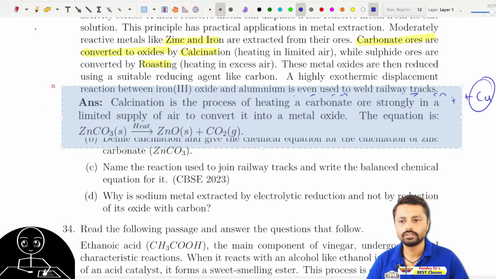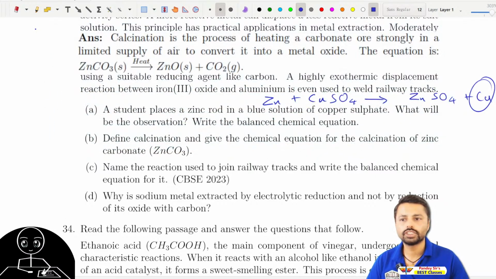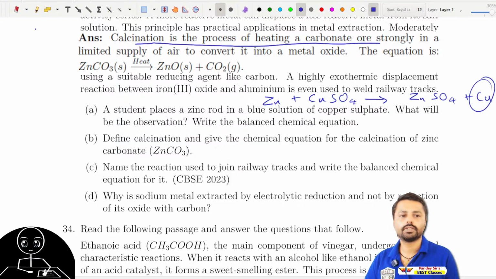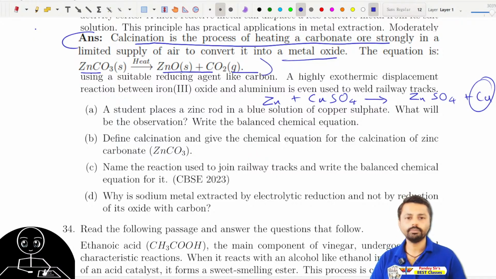So here is the solution. Calcination is the process of heating carbonate ore strongly in a limited supply of air to convert it into a metal oxide. And this is the equation, ZnCO3. This is the complete answer, from here to here.